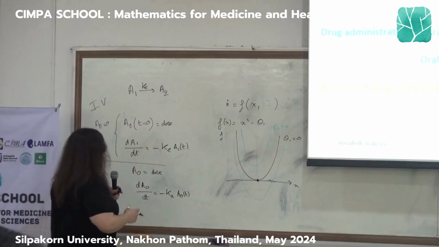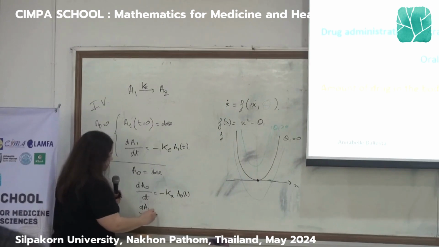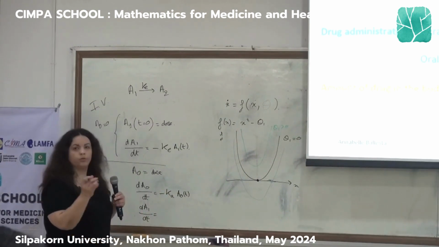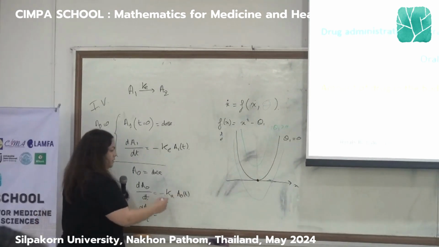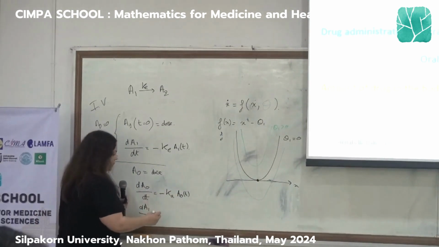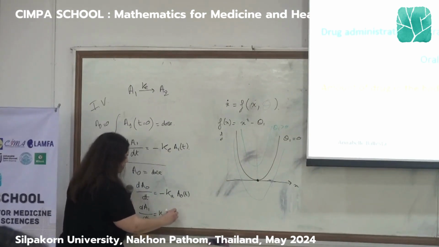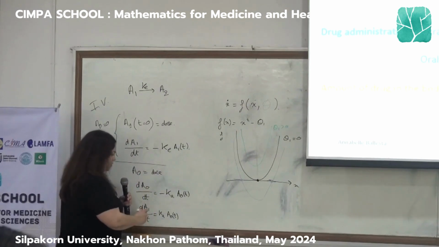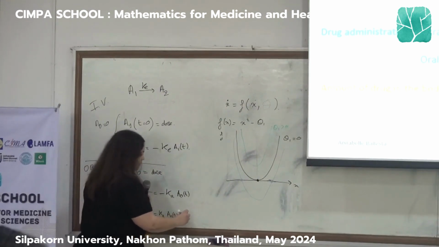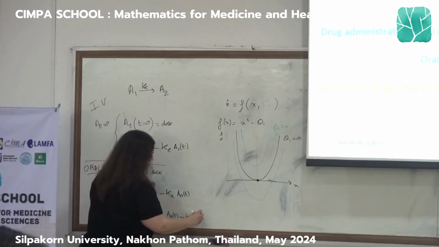Okay? So then the equation for A1 is a bit different. Now A1 will receive some drug from A0, which is the same quantity as the one that disappeared from A0. So that's Ka A0 of t. And as in the first case, the drug will also disappear and be cleared: Ke A1 of t.